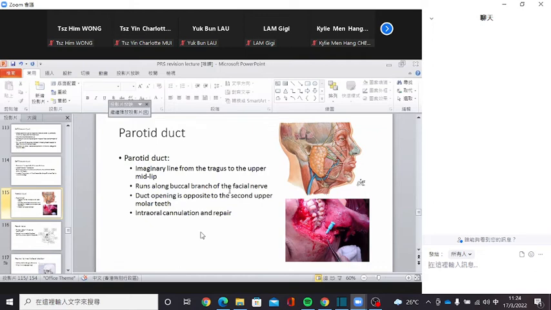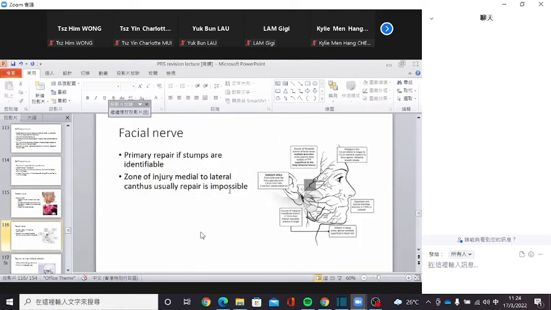Buccal branch repair is optional because the innervation of it can be replaced by the other branches of the facial nerve. But if you are able to identify the two cut ends, also repair it.